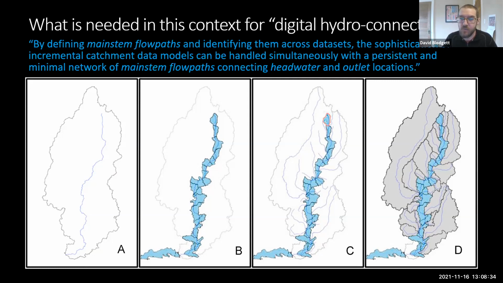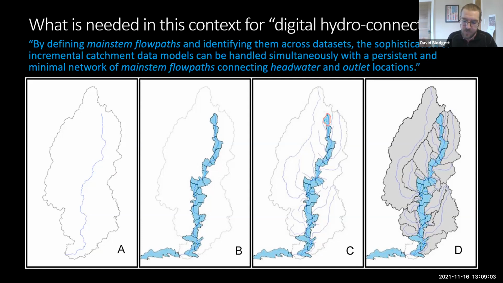But seriously, what we're talking about here is identification of these aggregate flow path collections that we call a mainstem, identifying that collection in a way that we can find it in multiple data sets, and then trying to persist that identified collection and how it's identified in a way that consistently connects headwaters to outlets.